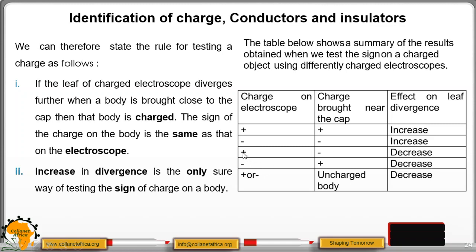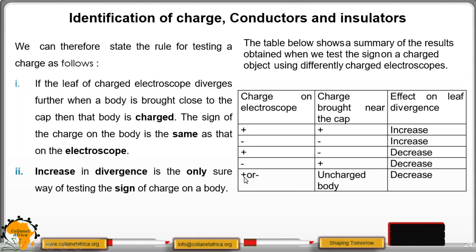But when you have different charges, that is, a positively charged electroscope and a negatively charged rod, or a negatively charged electroscope and a positively charged rod, the two give a similar result, that is, the leaf divergence decreases.